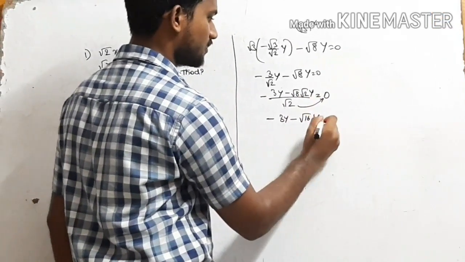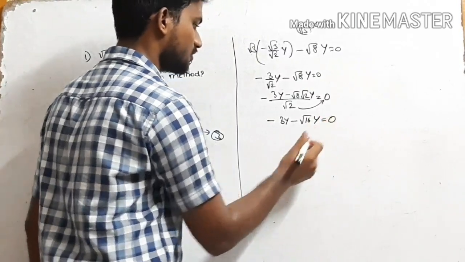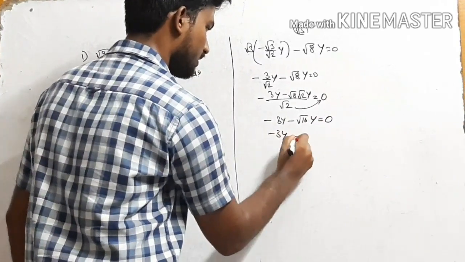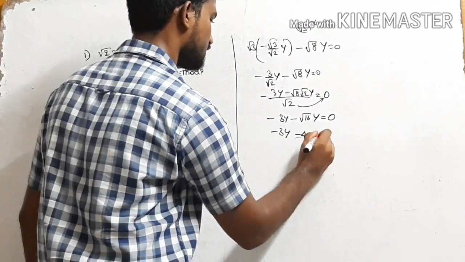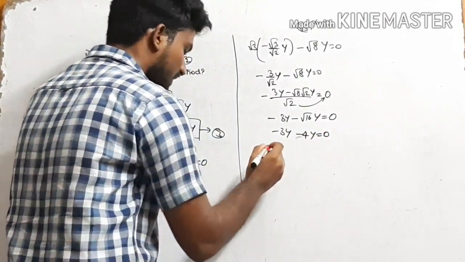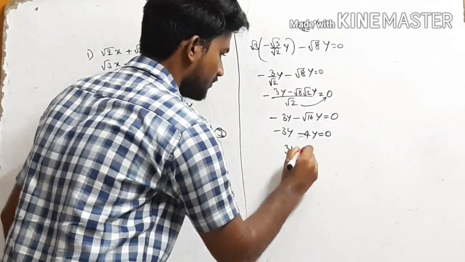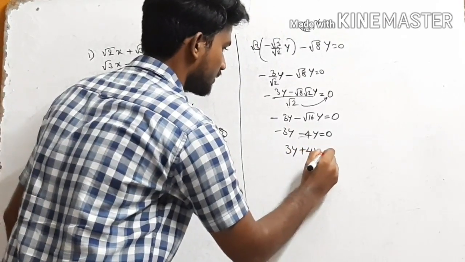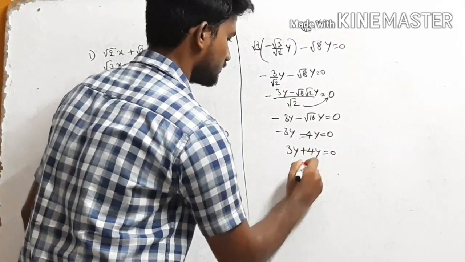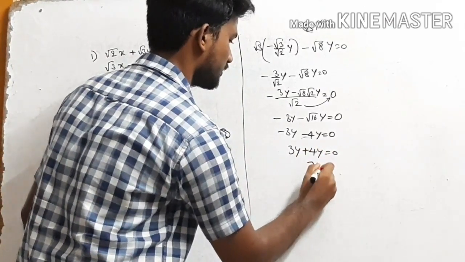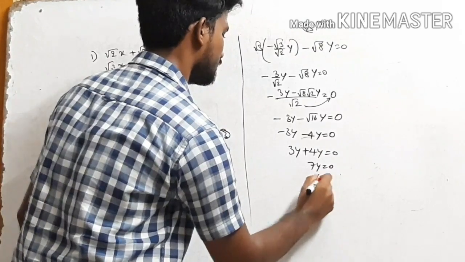Minus 3y root 16 means 4y equals 0. Taking minus as common, 3y plus 4y equals 0. This one, 7y equals 0, y equals 0.